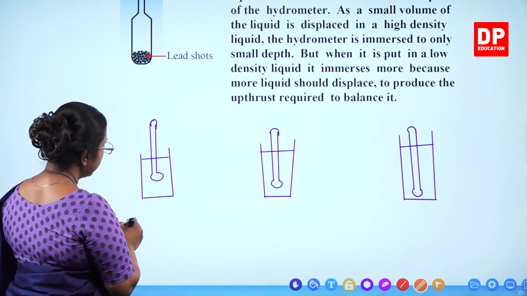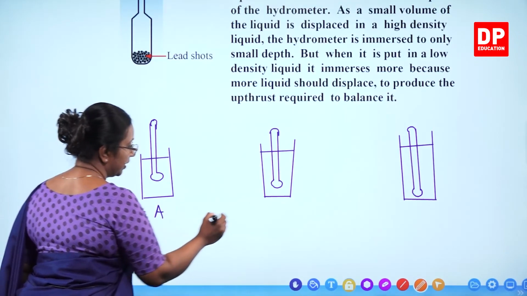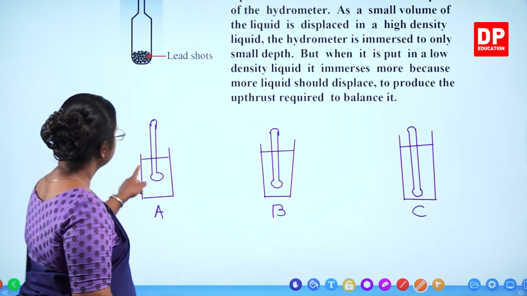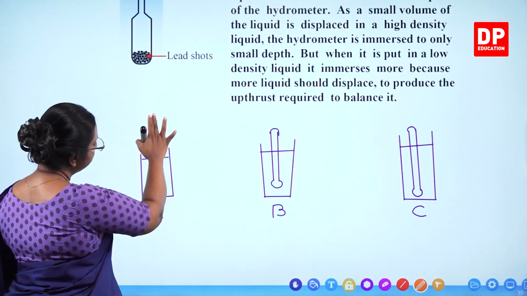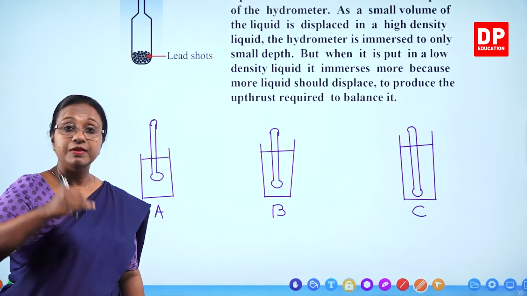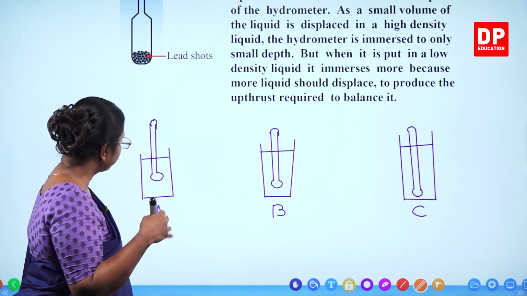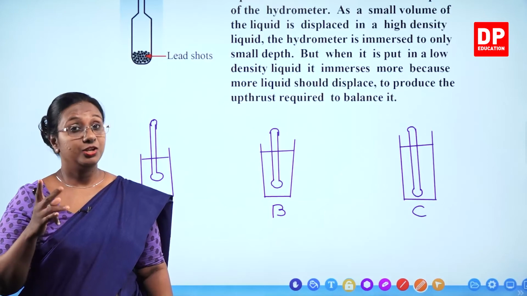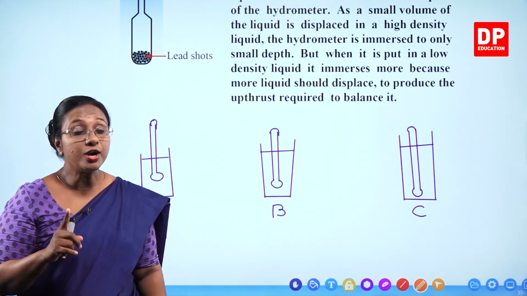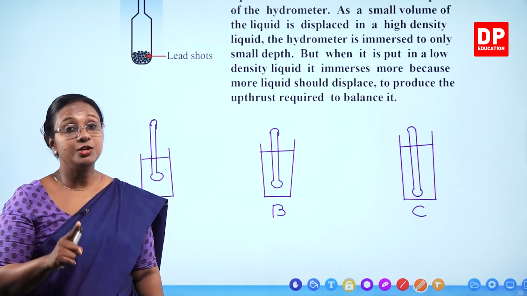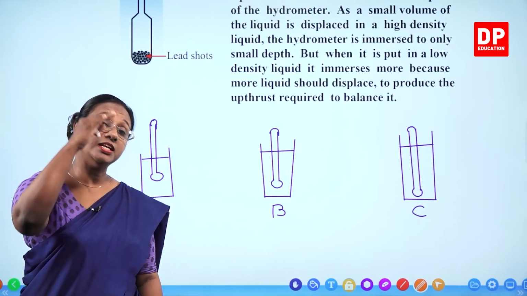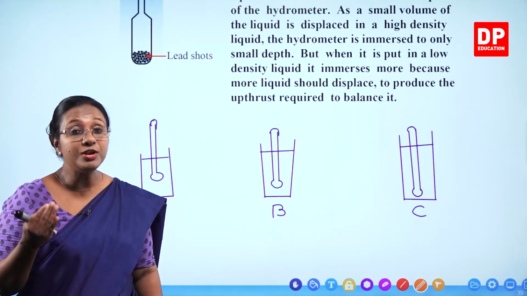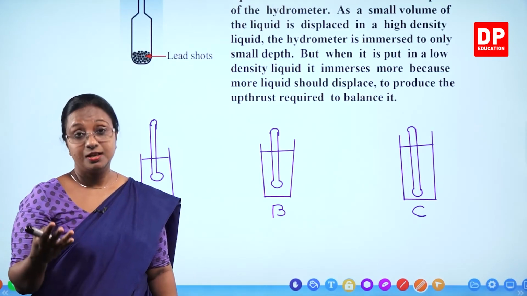So if we take three instances, liquid A, B and C, here you can see the hydrometer has been pushed way up. So there, of course, the upthrust exerted by the fluid is greater. You can remember that. So in order to make the upthrust equal to the weight, the object is pushed upwards. That is why it floats only partially submerged in the fluid.